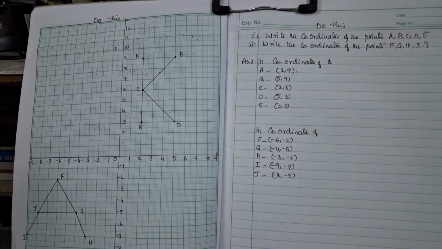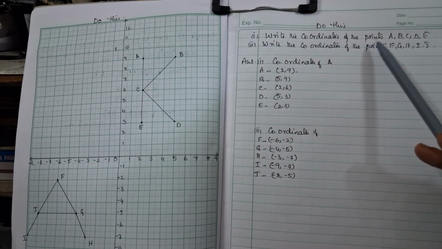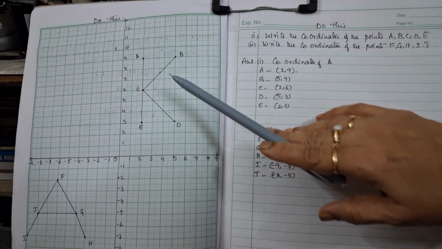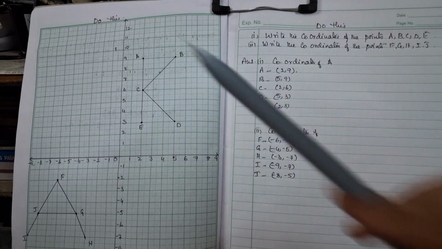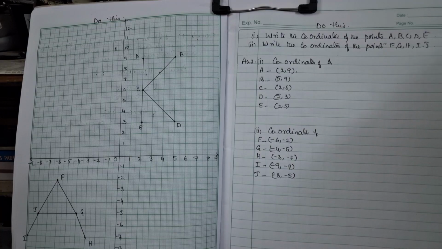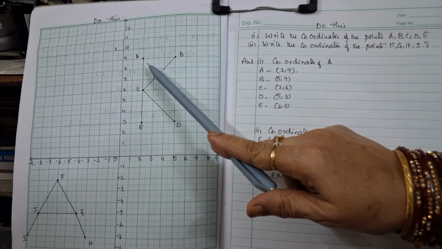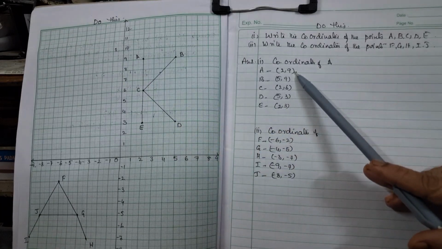Now do these sums. See the first one. Write the coordinates of the points A, B, C, D, E. Their coordinates you need to write. So what is the coordinate of A? A is (2, 9).